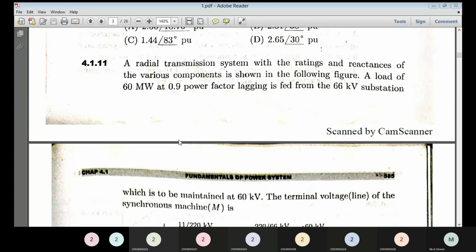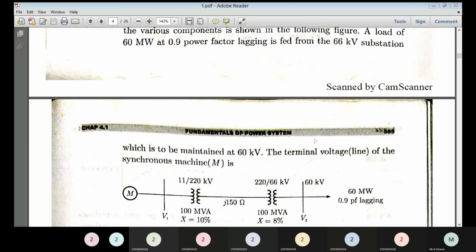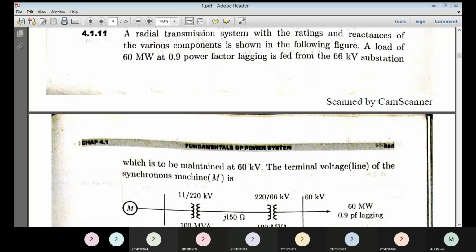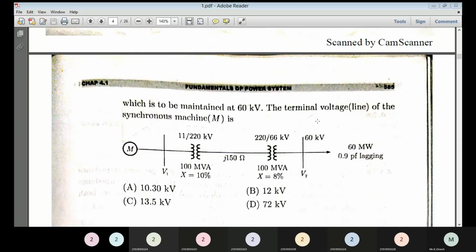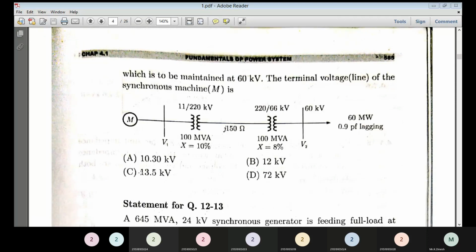It is to be maintained at 60 kV. We need to find out the terminal voltage of the synchronous machine MS. The options are 10.30 or 13.5 kV, option B 12 kV and option D 72 kV.